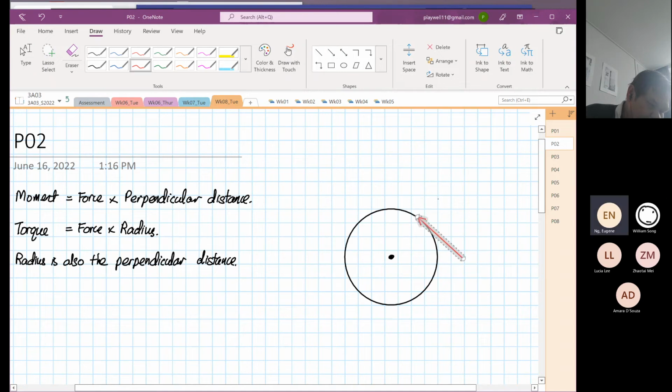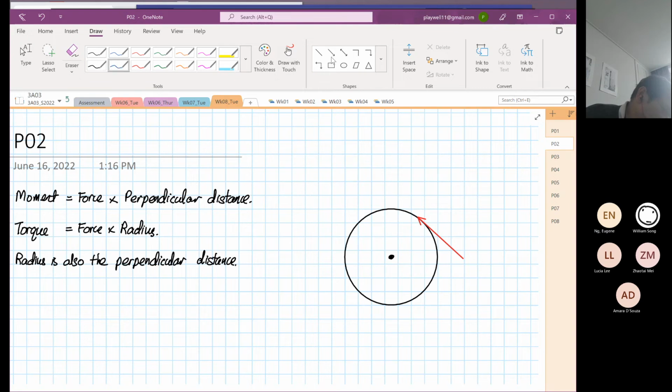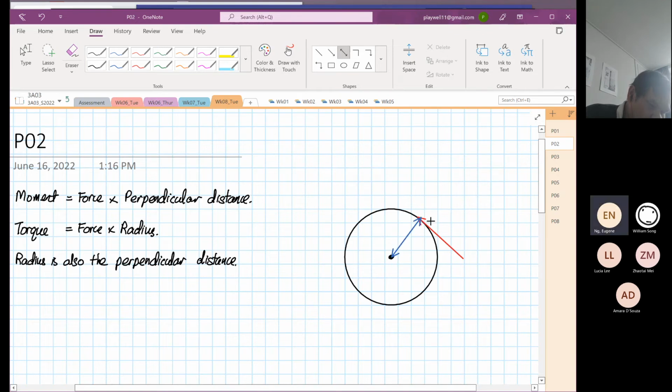The radius is this distance over here, so this is our radius.